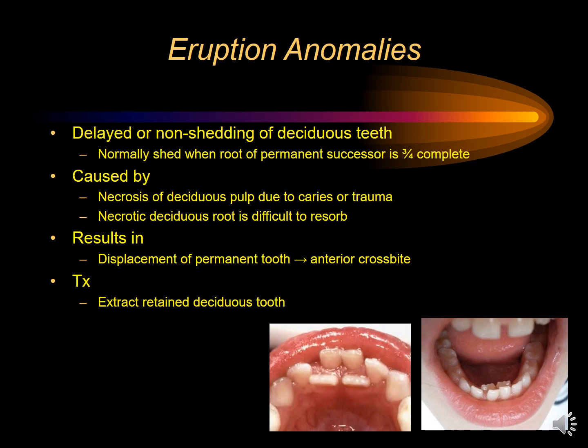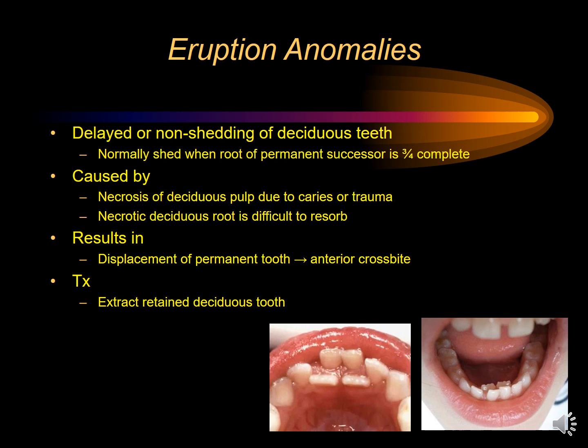Under local factors, we can have eruption anomalies that can be delayed or non-shedding of the deciduous teeth. Now, deciduous teeth are normally shed when the root of the permanent successor is about 3/4 complete. A delayed shedding is caused by necrosis of the deciduous pulp due to caries or trauma, and the necrotic deciduous tooth usually doesn't resolve easily.